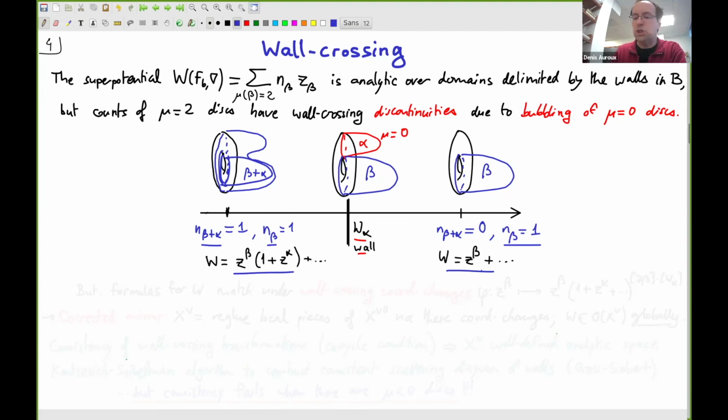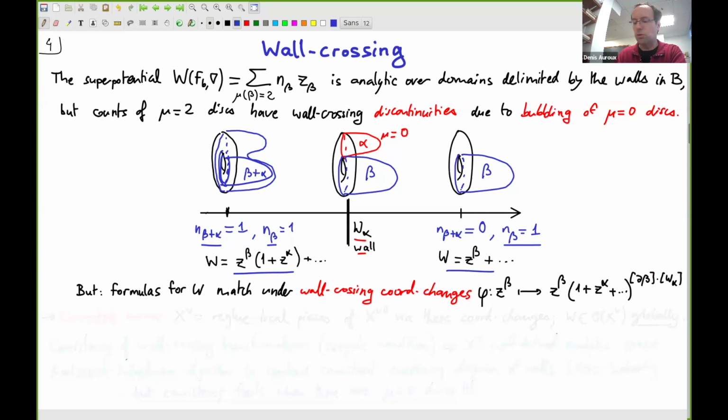So what should we do when we have a discontinuous function? Your students in first-year classes worry about how much the function jumps. This is not what we should do here, because instead, the theory tells us, and I think this probably goes back to Fukaya–Oh–Ohta–Ono, that you should ask how much the domain of your function has jumped.